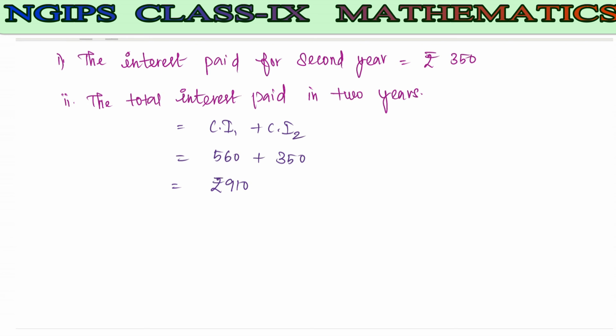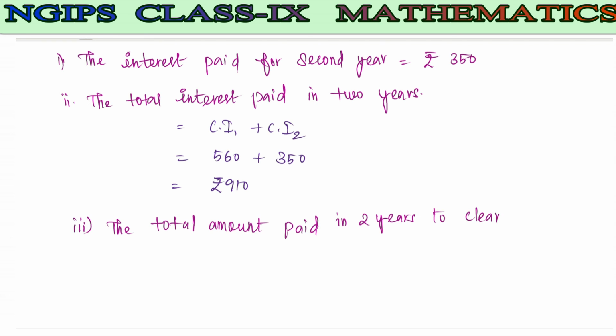The third sub question, the total amount paid in 2 years to clear the debt, is equal to rupees 8,910. So this is the final answer.